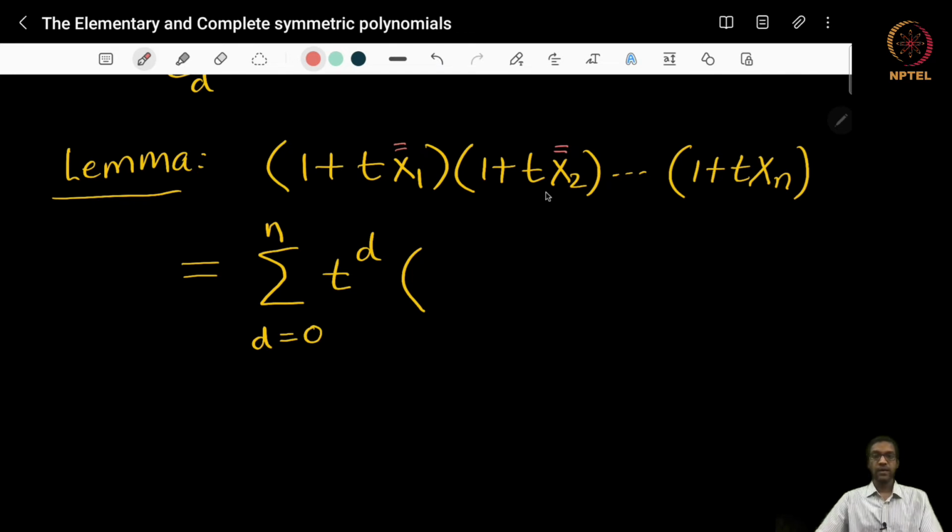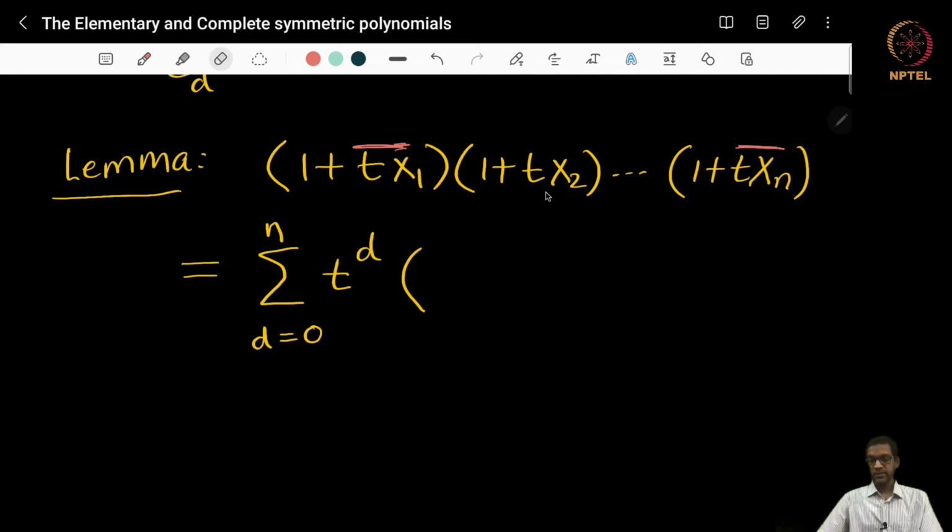When I do that, the coefficient that I will get will just be x1, x2, the things that are in front of the t. Similarly, if I pick t from the first bracket and t from the last bracket, then the coefficient I'm going to get is just going to be x1, xn, and so on.